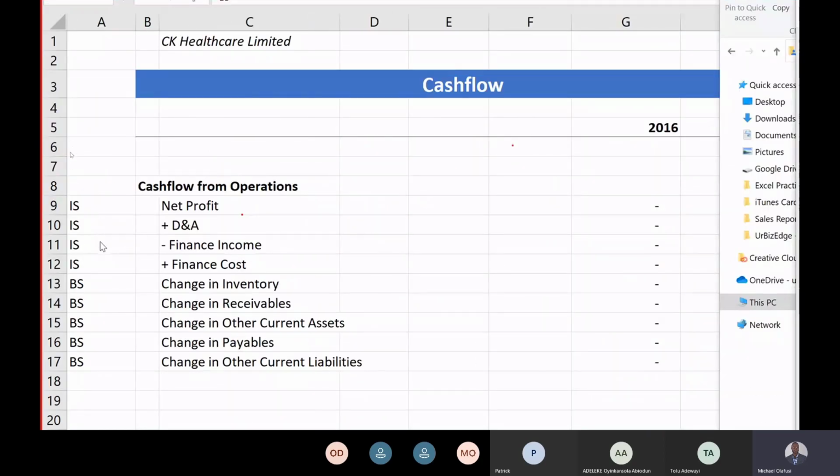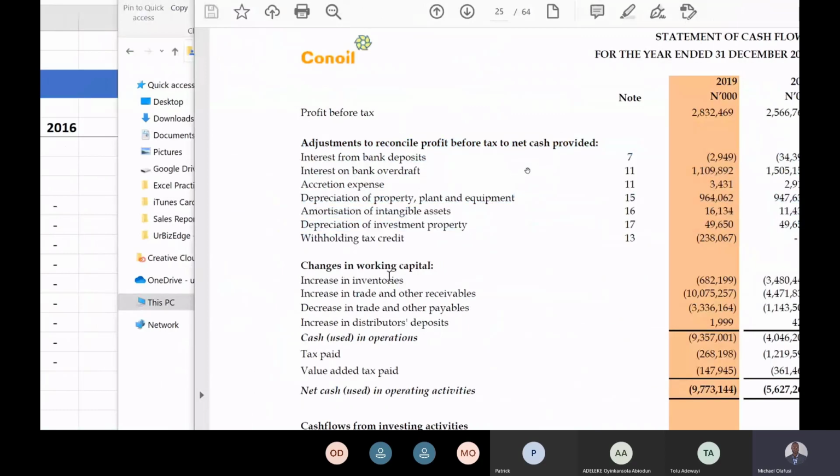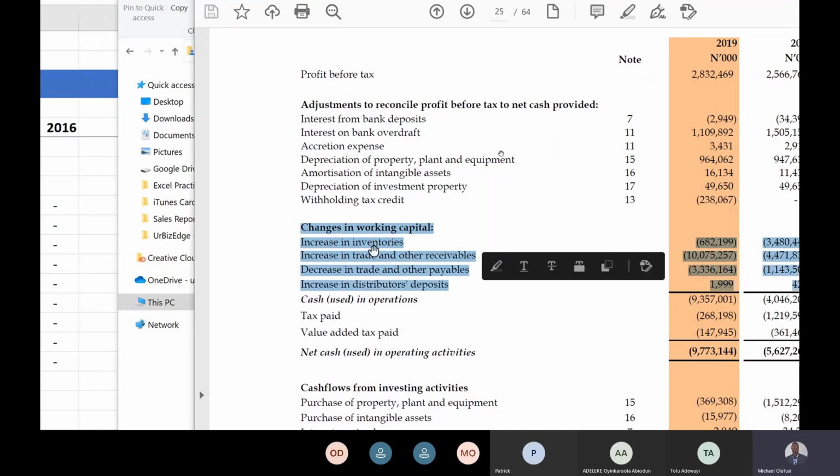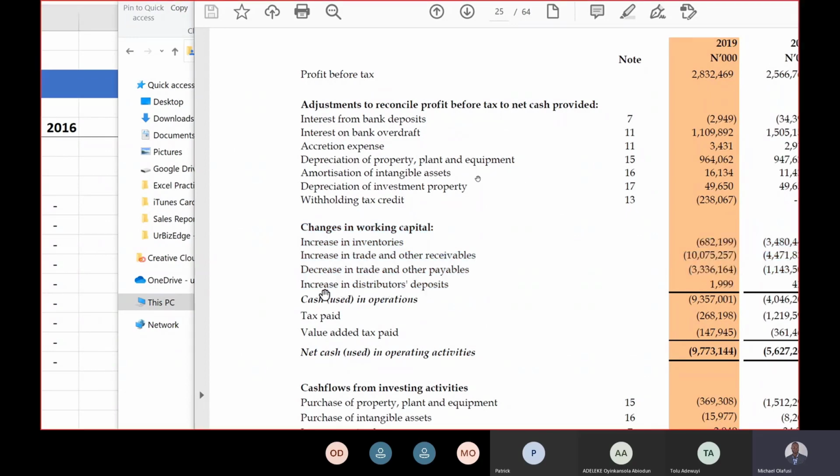We adjusted for the things on the income statement. Then the next portion is the balance sheet, which is just what we have done now. We adjust for change in inventory, change in trade receivables, change in payables, change in other, in this case, change in other current liabilities.